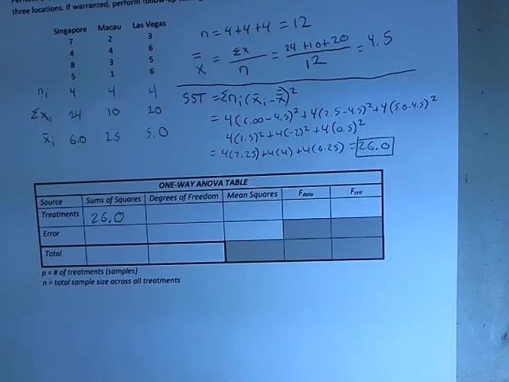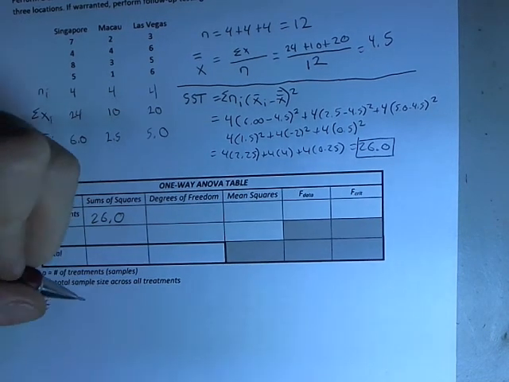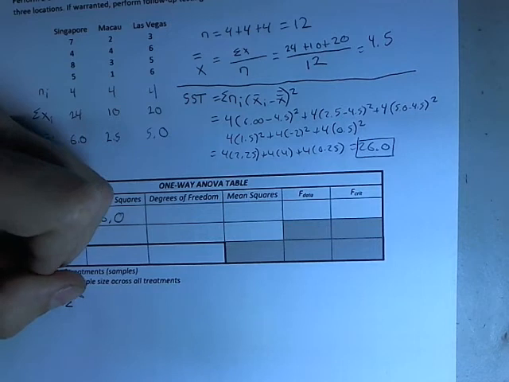Let's move down to our sum of squares error, which is the corresponding measure of variability that looks at the variation within each treatment as opposed to between the treatments. So this formula looks like this.